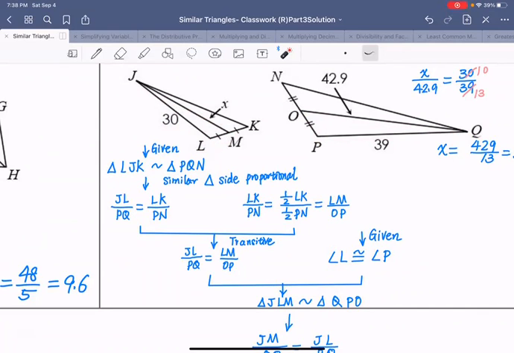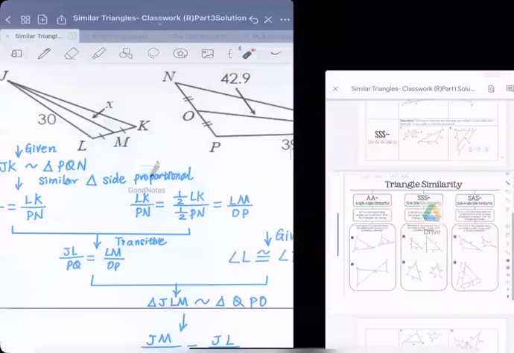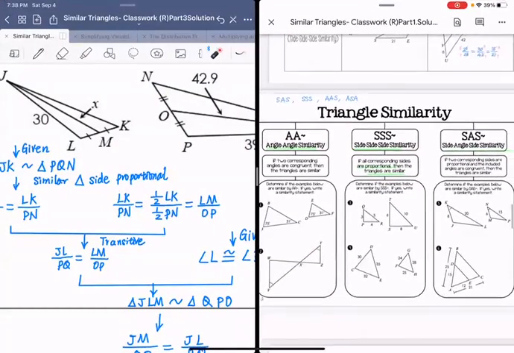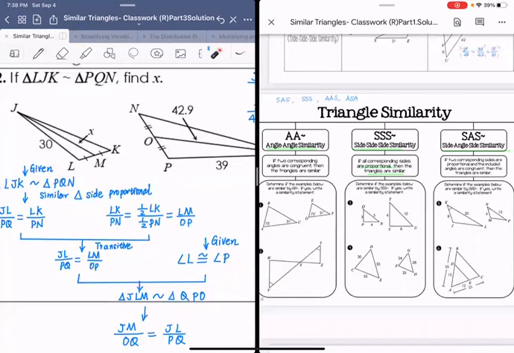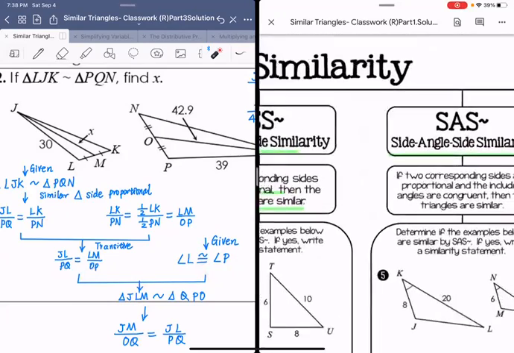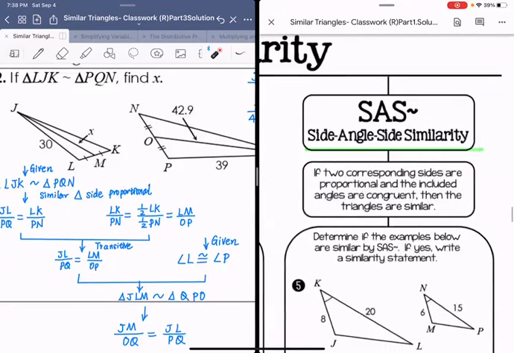Supported by? Look, supported by which one? AA? This is just one angle. This is SS, right? So this is SAS. Read the SAS statement on the right.